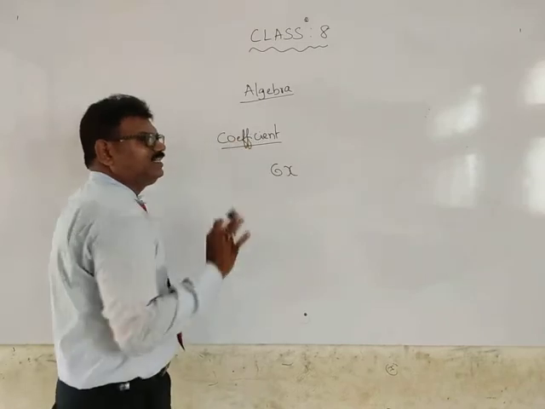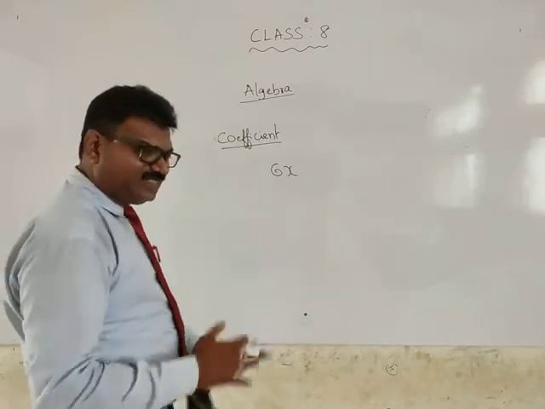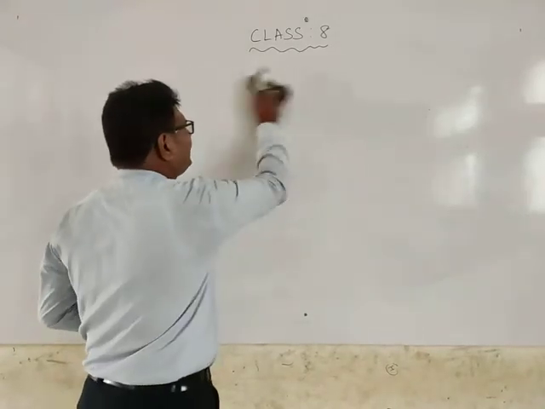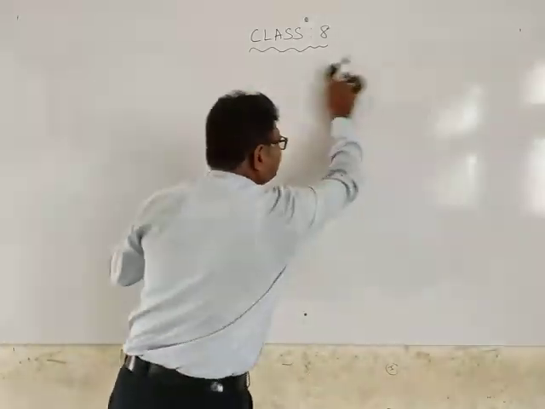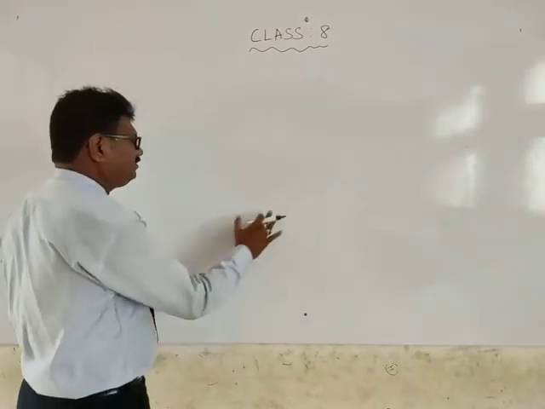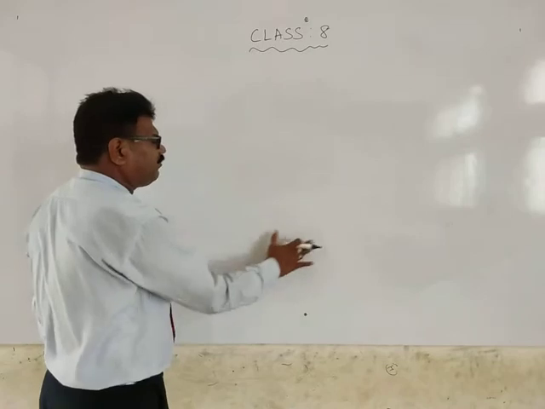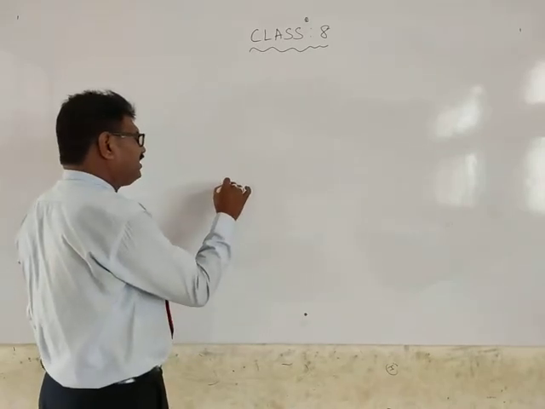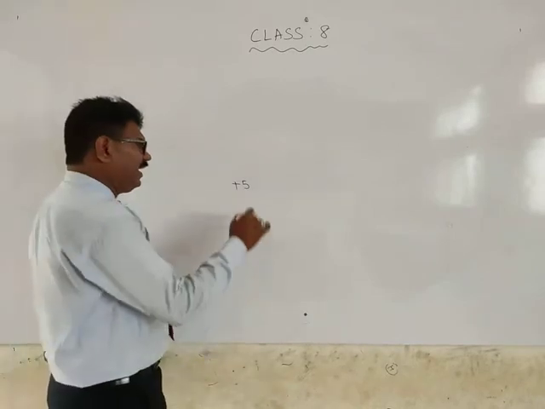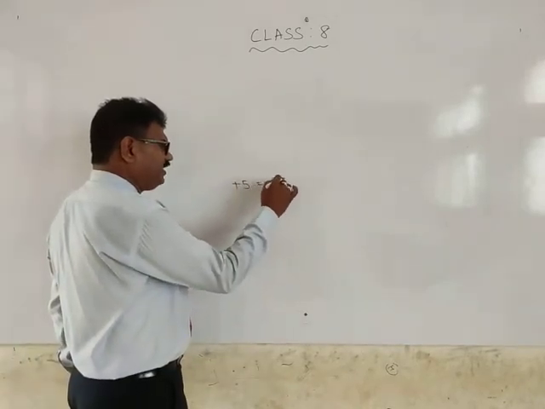Coefficient means it is nothing but the number which is present on the side. Clear? Okay. Now, after learning the expression, I'll tell one example. After 5 years, my age will become 50.